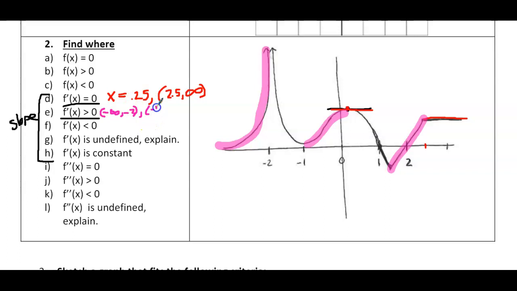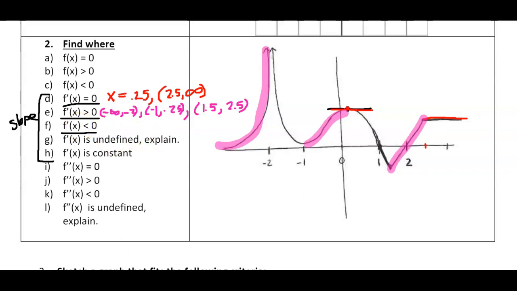Negative 1 up to about 0.25. And maybe like 1.5 to 2.5. f prime is less than 0. The slope is less than 0 anytime f is decreasing.